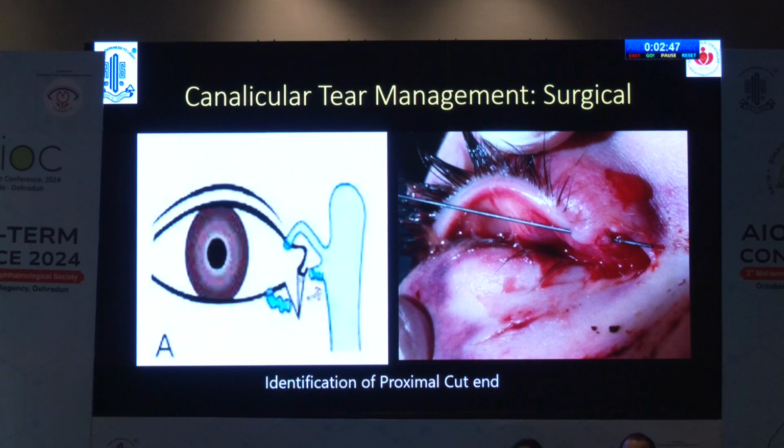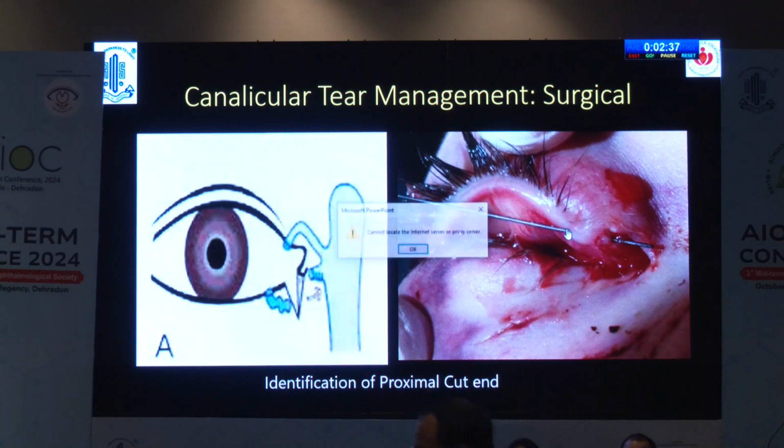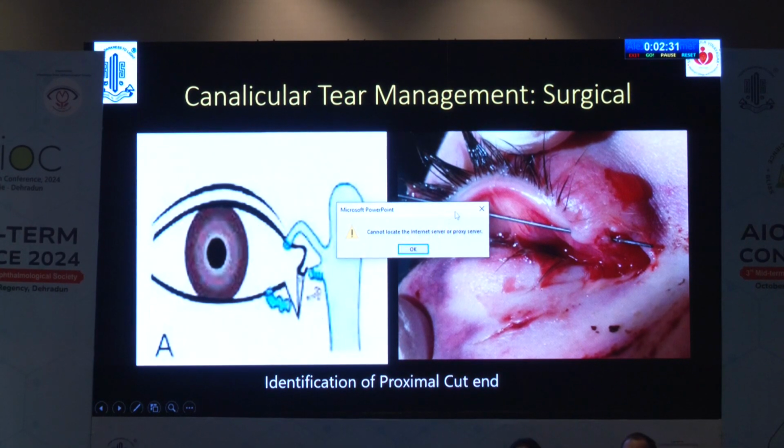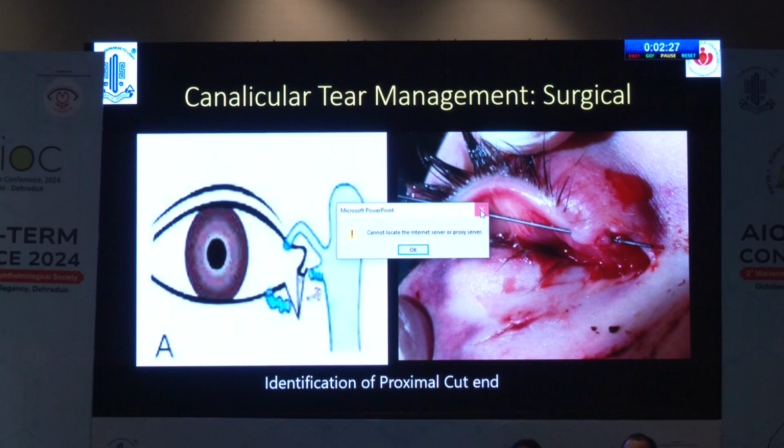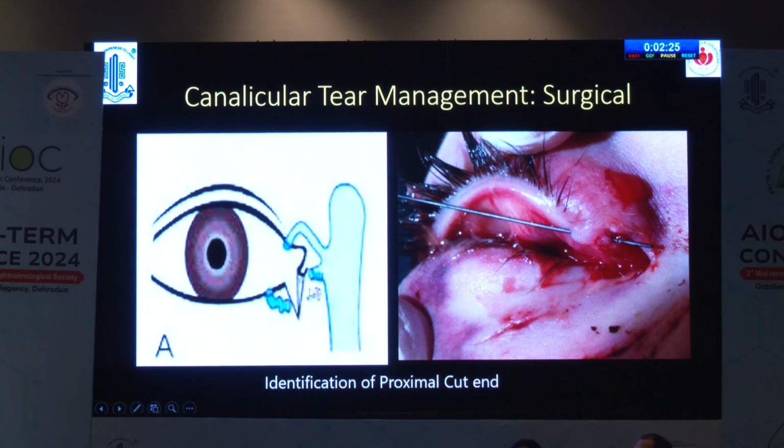Now the first step to canalicular stenting is to identify the cut end. So this is a proximal cut end. This is very easy to identify. You just pass the probe through the punctum, and you can see it coming out through this cut. This one is a distal cut end, which is more difficult to identify.